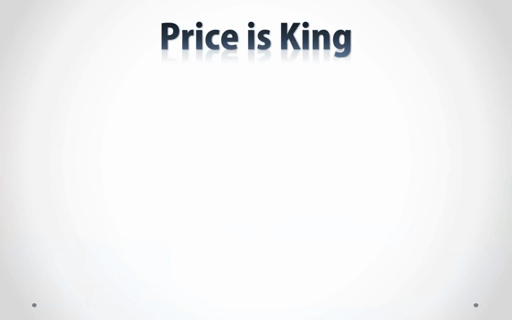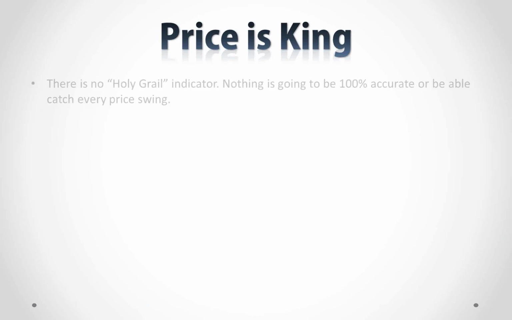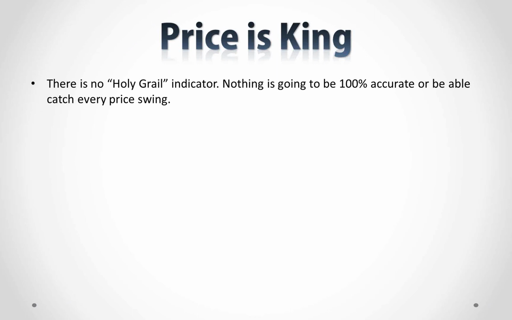Before I get into those indicators, I just want to go over an important point, and that point is that price is really king, and price is the most important thing on the chart. So there really is no holy grail indicator. Nothing's going to be 100% accurate or be able to catch every single price swing.